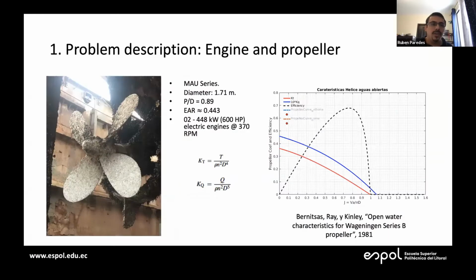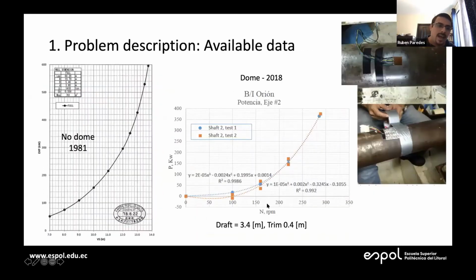We found out that the propeller is a MAU series type. Because at that time we didn't have more information regarding the open water characteristic curve, we used the Wageningen B-series approximation. The basic question was how we can make sure that our numerical simulations are reliable.